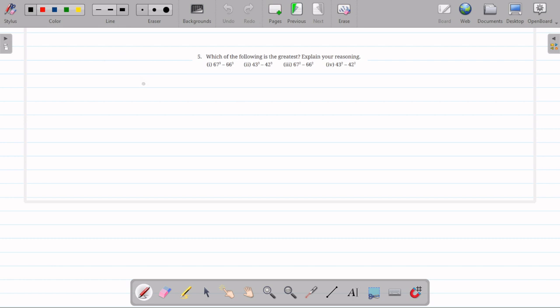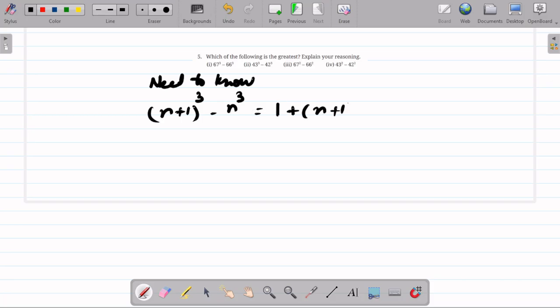Before starting with this question, you need to know the formula, that is n plus 1 cube minus n cube is always 1 plus (n plus 1) into 3n, and n plus 1 square minus n square is 2n plus 1.